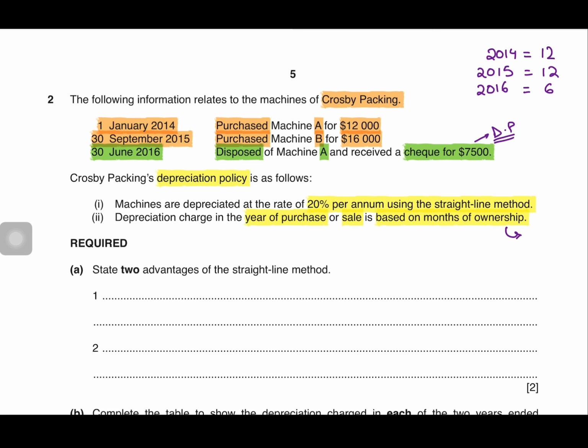This means that it is a monthly basis policy. So if we are calculating profit or loss on the sale of machinery A, we have to charge depreciation in the year of disposal as well for 6 months. Okay. Now let's read the requirements.